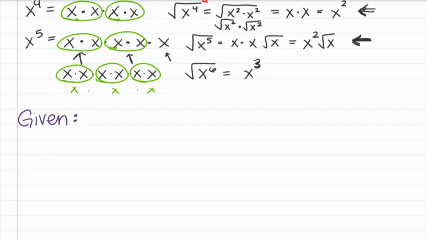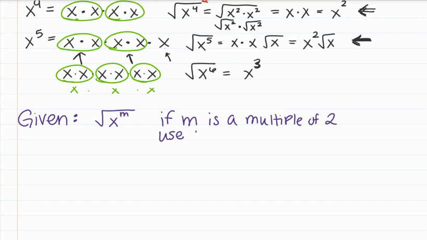Given the square root of x to the m power, if m is a multiple of 2, use the rule: square root of x to the m equals x to the m over 2.